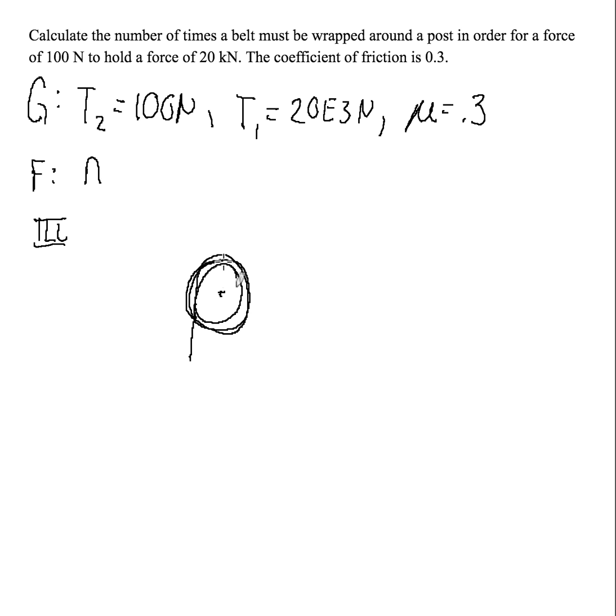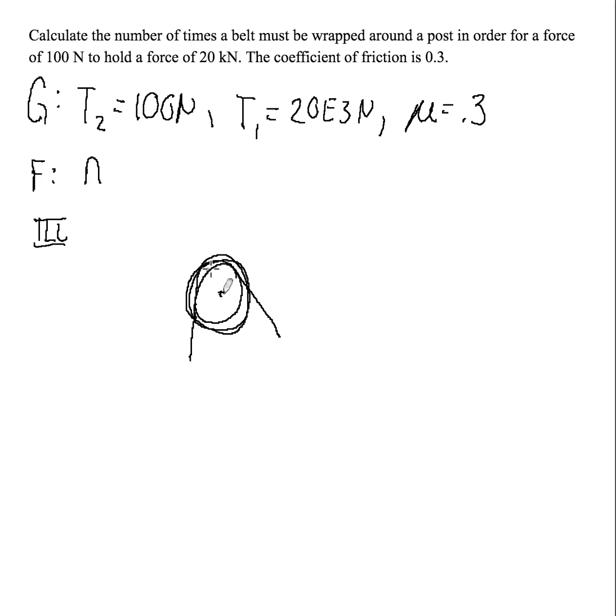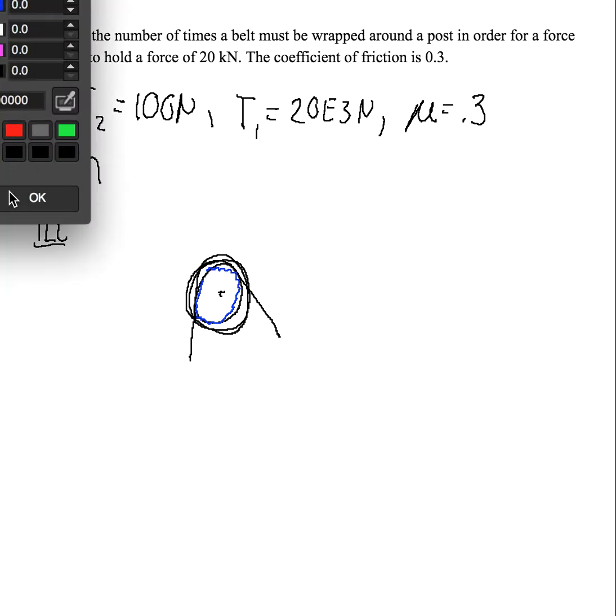If anybody has ever climbed before, you can see the power of friction interacting right here. The more times you wrap it, the better off you are, to force multiply these two forces. So let's take a look.